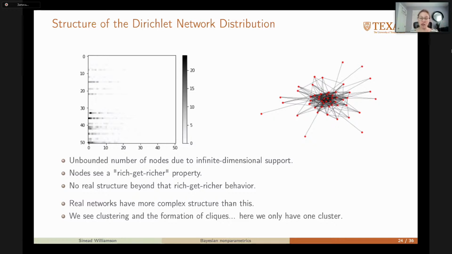And by construction, we have an unbounded number of nodes. So if I keep growing this, I will get increasingly many edges and increasingly many nodes. And we also get that rich gets richer. We follow the popular people, right? Because the Dirichlet process has that rich gets richer.